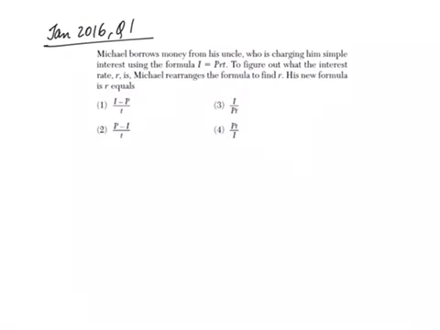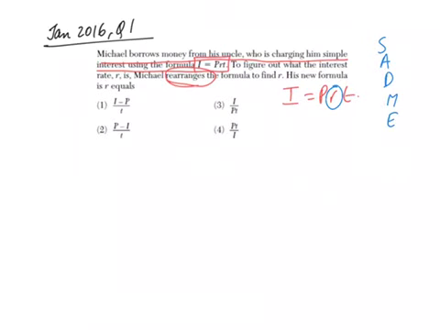Alright, so we've got this question. Michael borrows money from his uncle who's charging him simple interest using the formula I is equal to PRT. To figure out what the interest rate is, Michael rearranges the formula to find R. So that's our question, find R. Now we remember through SADMAP, the opposite of multiplication is division.